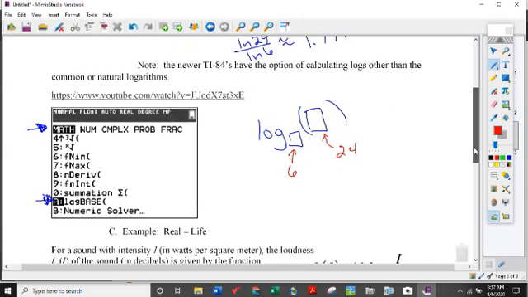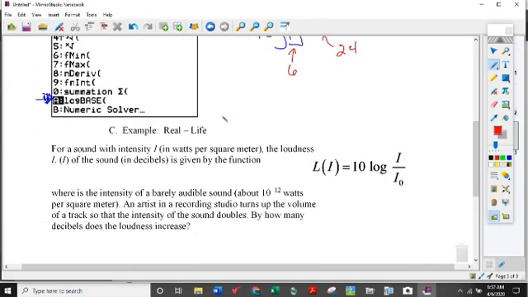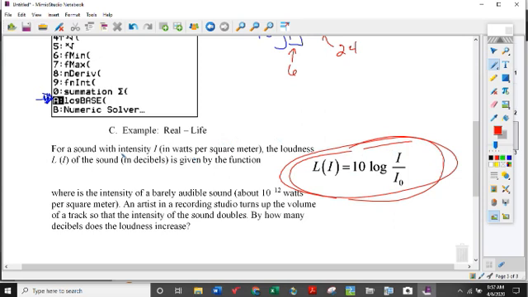Okay. I'm also going to post a video, if I can find it, about where decibels came from and using logs. But this is a real formula to decide how loud something is. I sub 0 is what the scientists talk about as the barely audible sound. So apparently we can hear something that is 10 to the negative 12 watts per square meter.